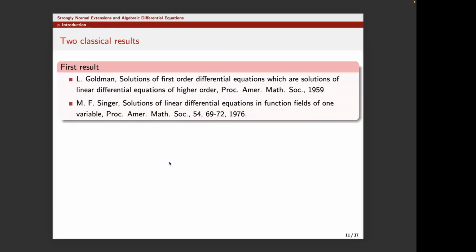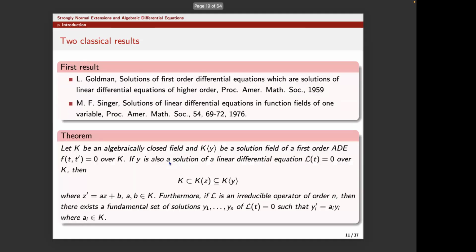So the first result was independently proved by Goldman and Singer in these articles. The result is: let K be an algebraically closed field and K<y> be a solution field of a first order algebraic differential equation f(t') equal to 0.